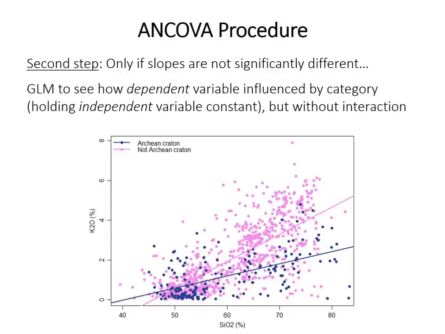This is an example of something called multiple regression, where you look at how each independent variable affects the outcome while controlling for changes in the other variables. We don't have an interaction here, but if the categorical term in the model is significant, that indicates that they have a significantly different intercept. I'll show an example of this when I show you how to do it in R at the end of the video.